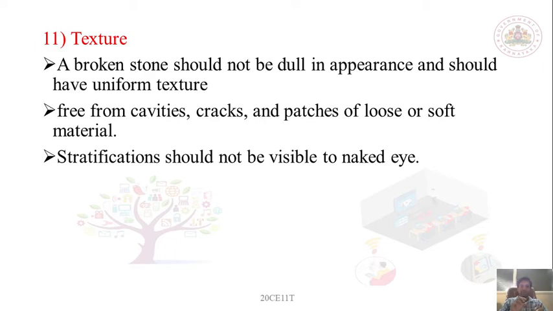If you break a stone which is required for the structure, you can see the arrangement of the particles on the stone section. It should be uniform in nature. So it should not look dull. Dull means there is variation in the texture. That is not a good stone. So the requirement is that it should have a uniform texture.